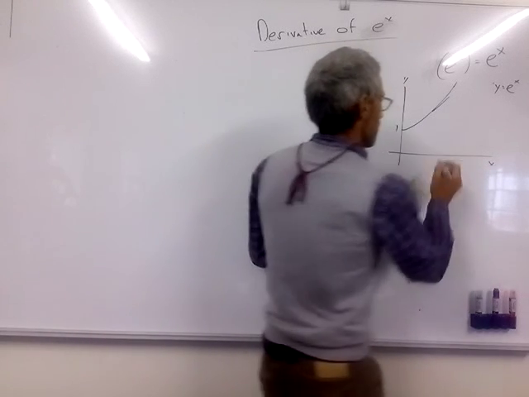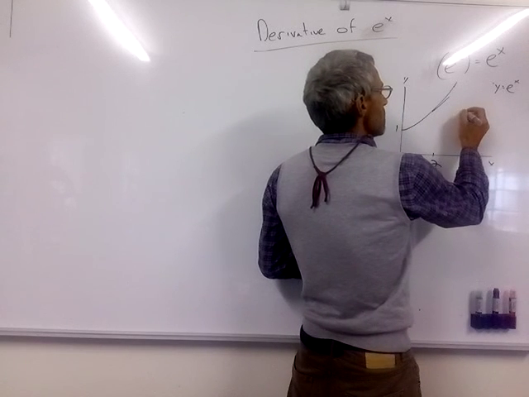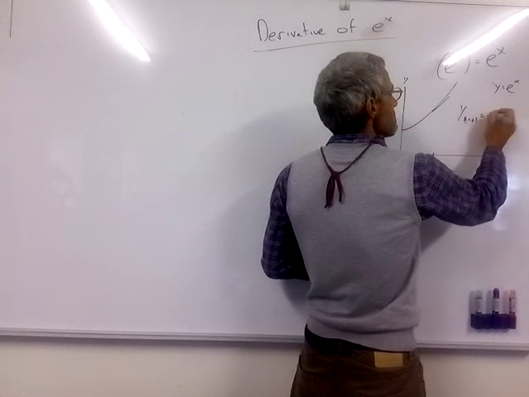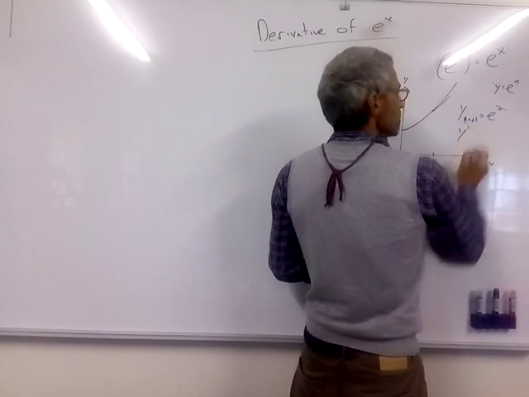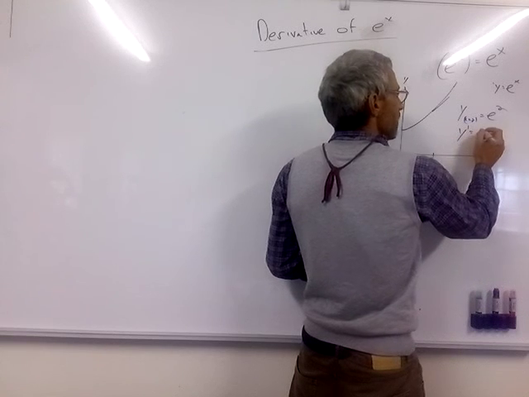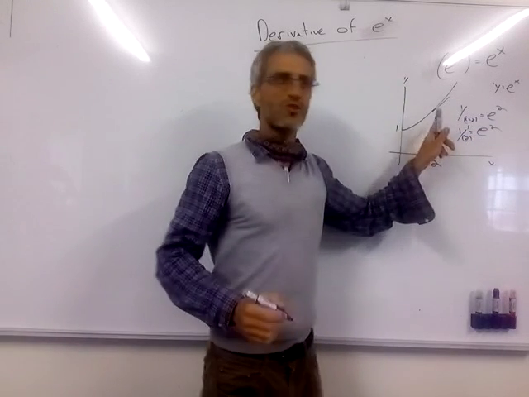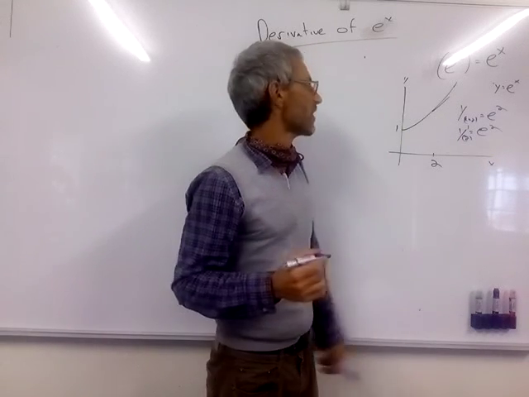Just giving us an example, let's say when x equals 2. What will y be when x equals 2? It's going to be e squared, right? The derivative at 2 is also going to be e squared. So the derivative and the value of y are going to be the same. That's unique as far as I can think of.